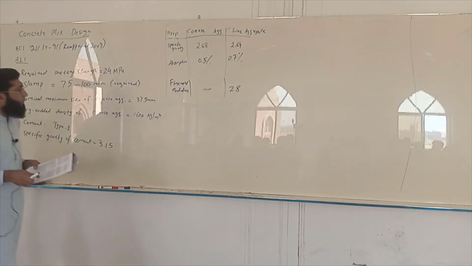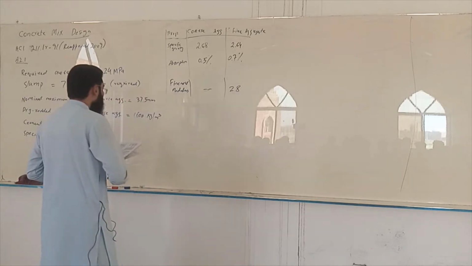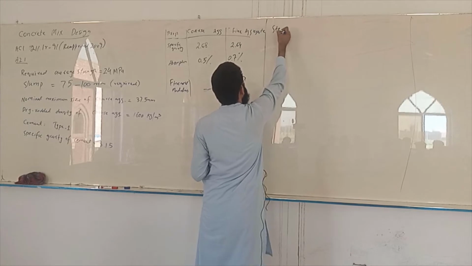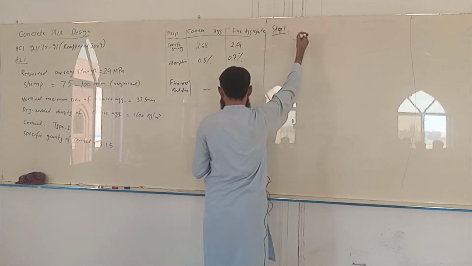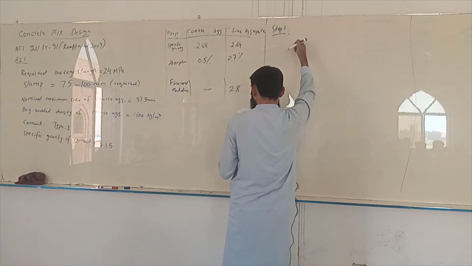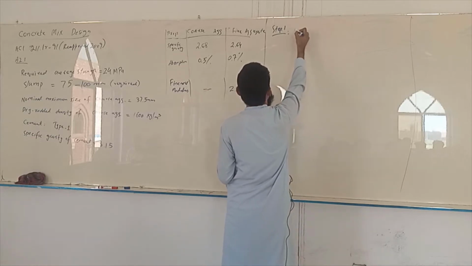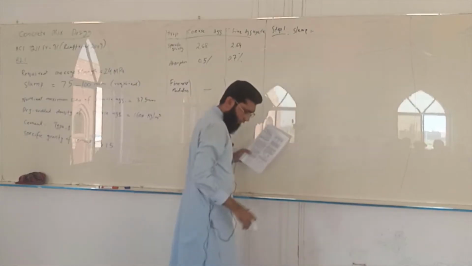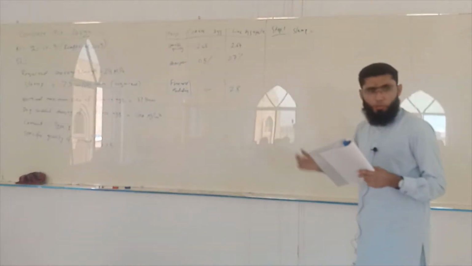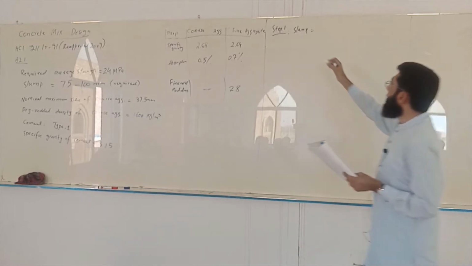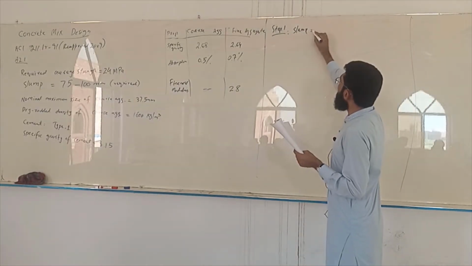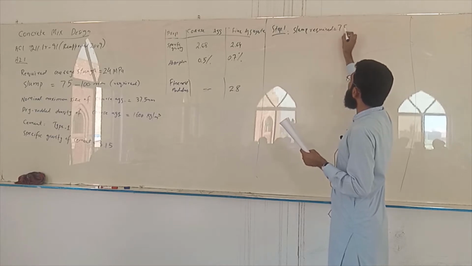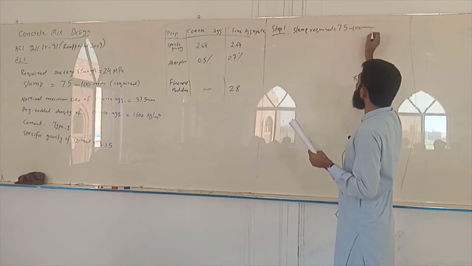Now, let's go step by step. Step one is you can just list down the slump. Although we have it in the data, that's how you execute the steps in sequence. Slump required is 75 to 100 millimeters.